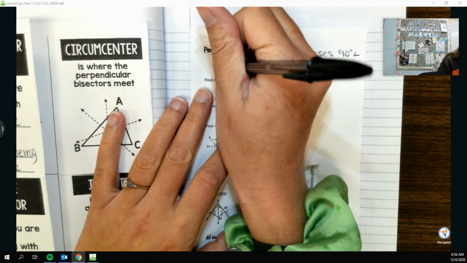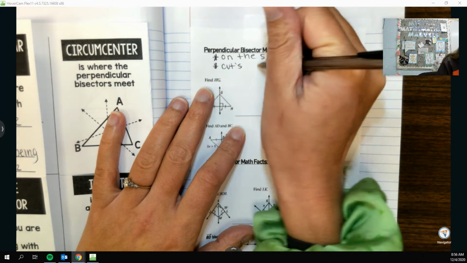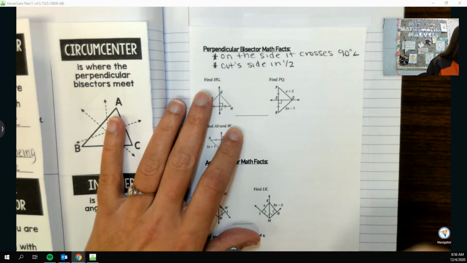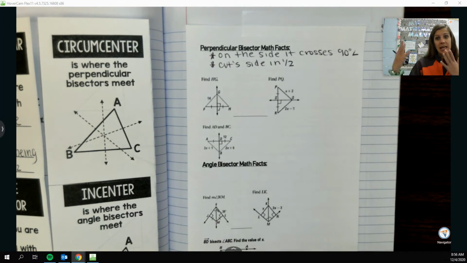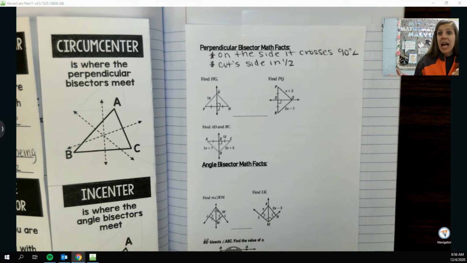And then the other thing that we said is it cuts that side in half equally. So I might be able to set one side equal to the other, or if I know one of the sides is 5, I can double it to 10 to get the entire length of the side. Or if I know the entire length of the side is something like 18, I can take half and get that each piece would be 9. So there's lots of different equations that we could write for that.